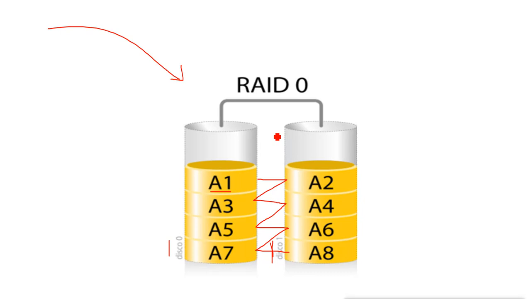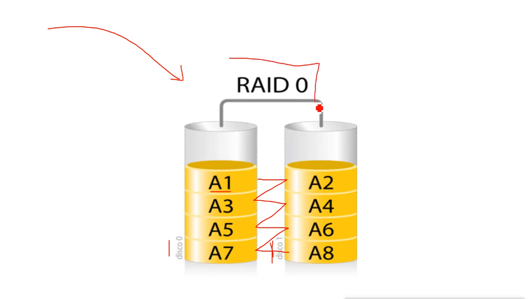But in RAID level 0, you will not get redundancy. It is basically not for redundancy. Now what is the meaning of redundancy? We are combining these two disks to create a single partition.